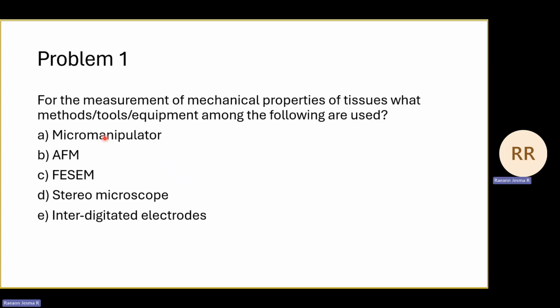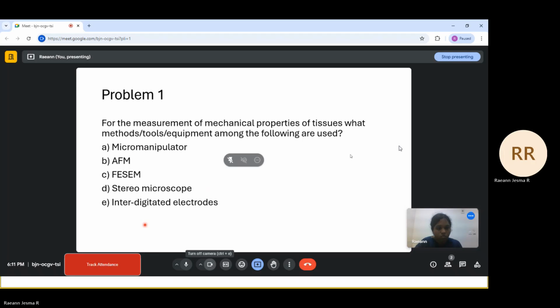So option A is micromanipulator, B is AFM, C is FESEM, D is stereo microscope, and E is interdigitated electrodes. So which one is the correct answer?